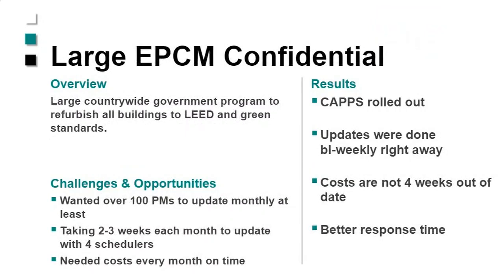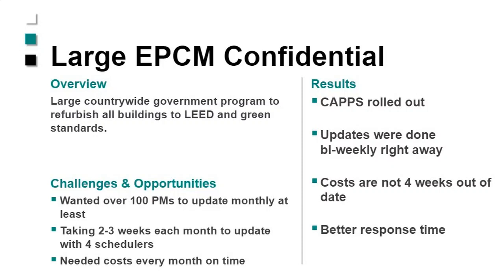So another example that we have is a large EPCM company doing the updates on a major program. They have over 100, close to 150 PMs doing all the updates. And they do them at minimum every 2 weeks. Prior to that, it was taking 2 to 3 weeks to get the updates in, and they only had 4 schedulers doing it.